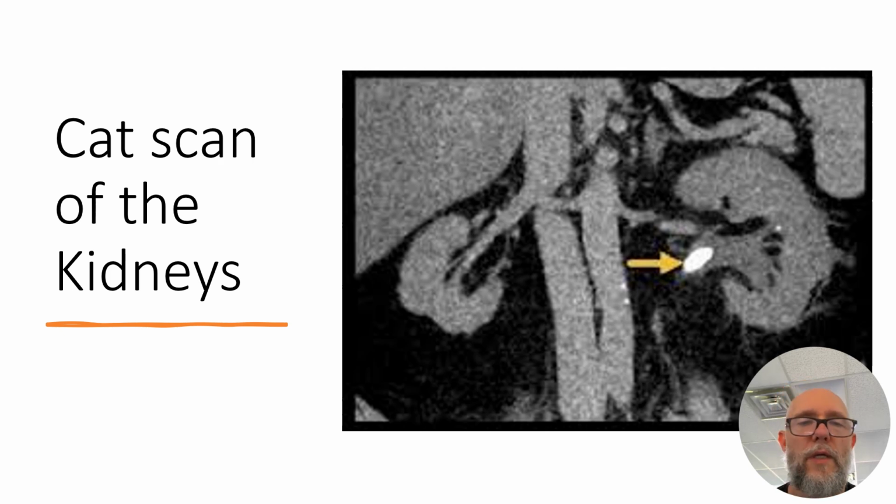So, okay, I've got this CAT scan. Do I need to continue to worry about renal cell cancer? Probably not. It seems very unlikely that that's the issue here, and it seems pretty likely at this point that Sharon is trying to pass a big old stone, and that explains why she has the flank pain, and that's why she has the hematuria.